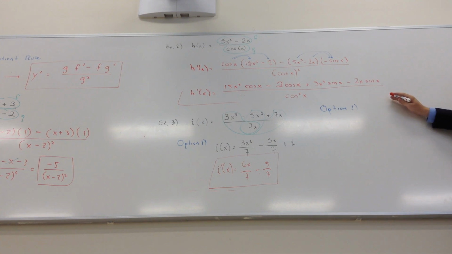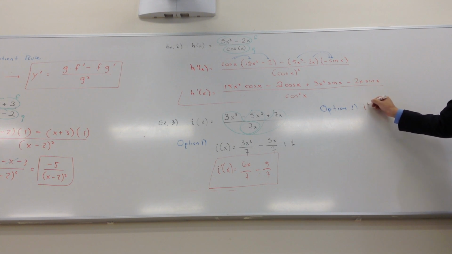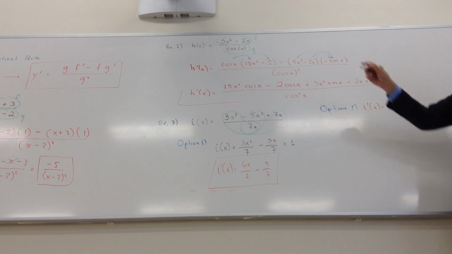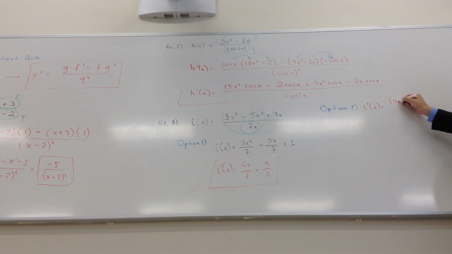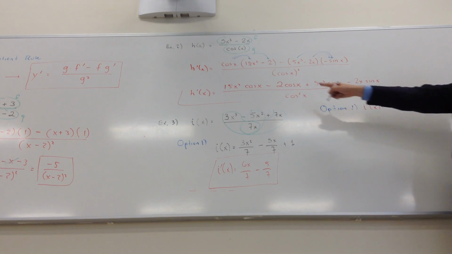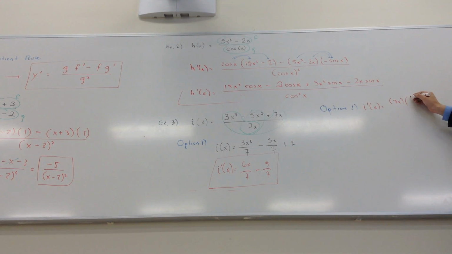Option 2. Let's try applying the quotient rule directly. So the derivative is going to be 7x times the derivative of the numerator, 3x to the cube, derivative 9x squared minus 10x plus 7, minus 3x to the cube minus 5x squared plus 7x times the derivative of 7x, 7.